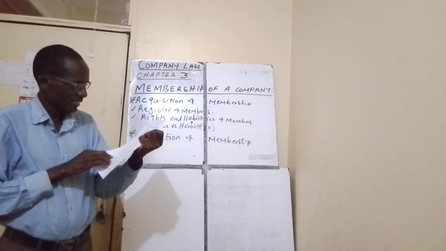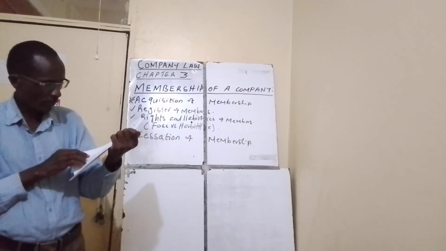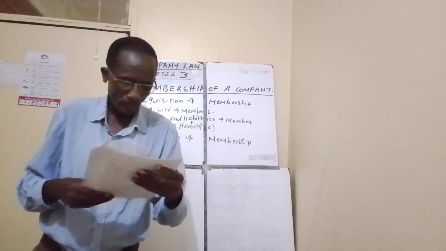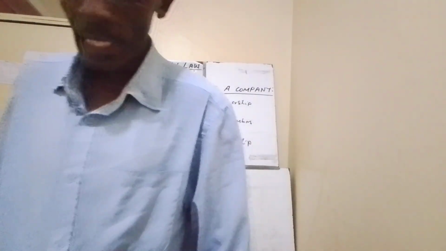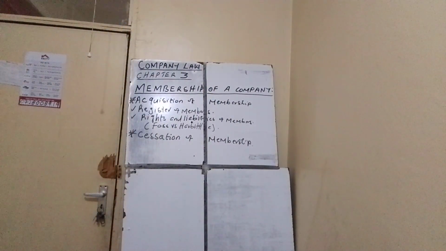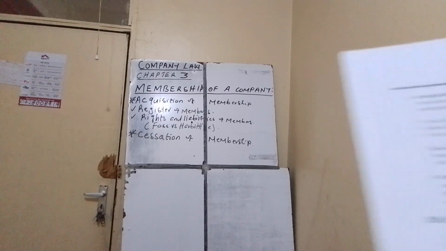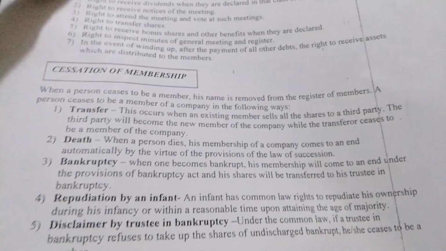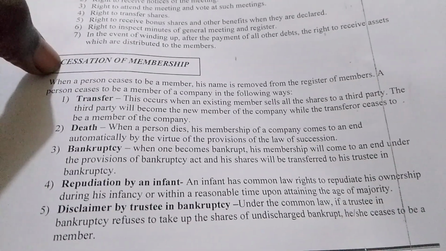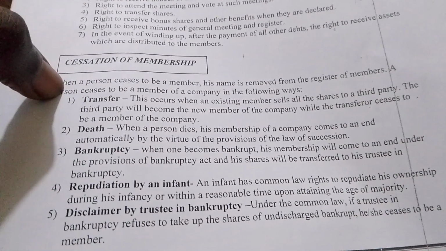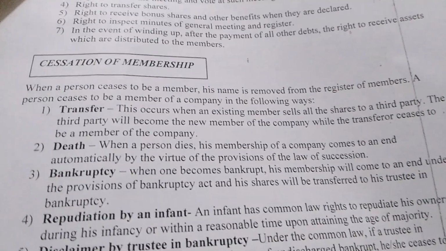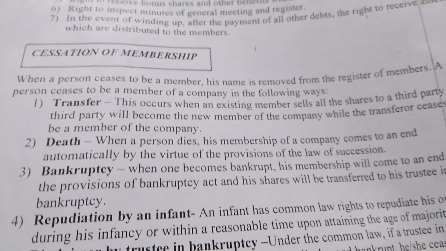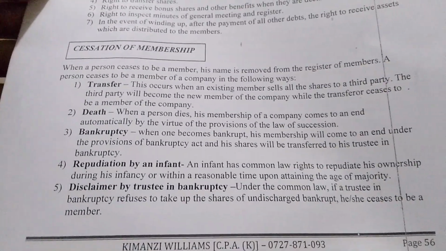Now there are a variety of them here, which I will present to you, and then I'll discuss them very fast. So how do you cease from being a member? How do you stop from being a shareholder? I'll give you a list of that. How do you stop from being a shareholder in a company?